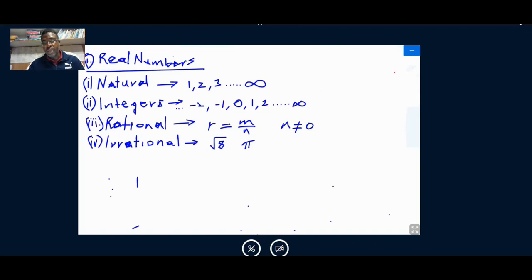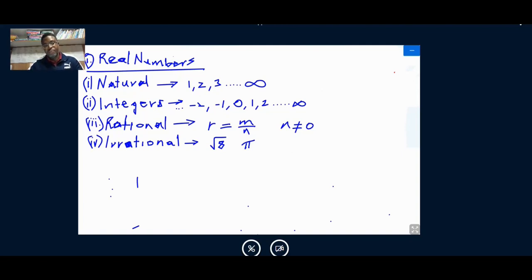So any number can be represented like this. But you must make sure that the value of N is not 0. The value of N must never be 0, because once it's 0, it's going to be undefined.